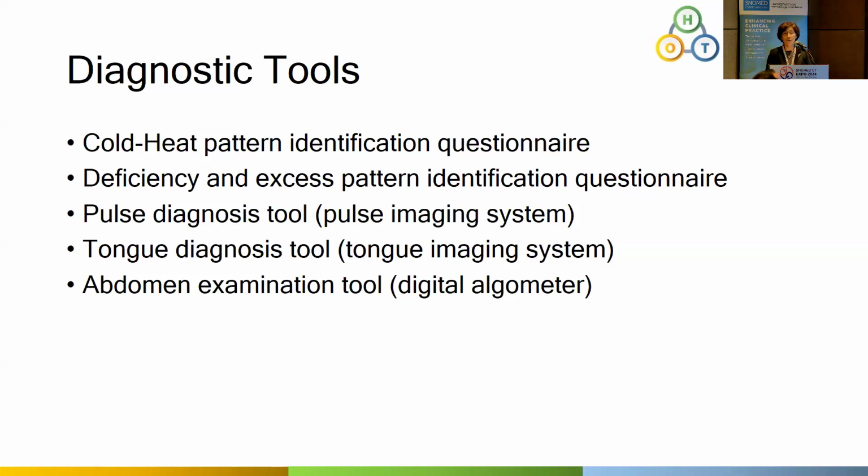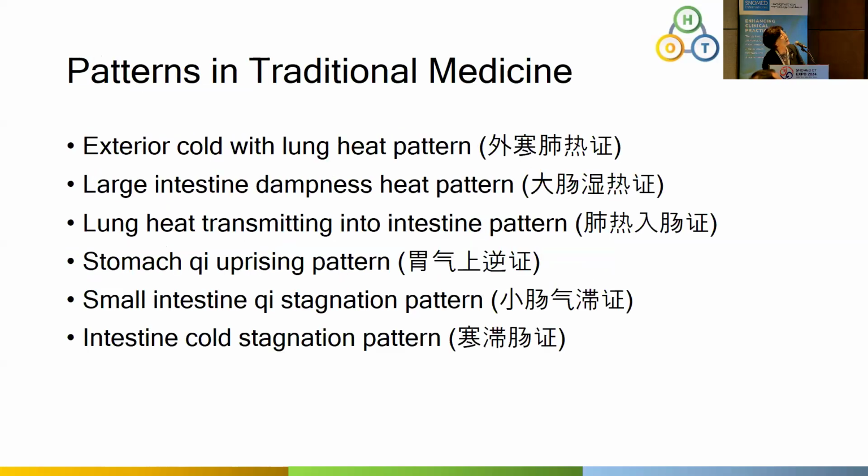So when you think about traditional medicine, you don't think they use any kind of IT things like that, but they do have IT devices, and also they use quite a few assessment tools there. So these are examples of patterns they determined using both types of examination and different types of tools and devices. So here, exterior cold with a lung heat pattern.